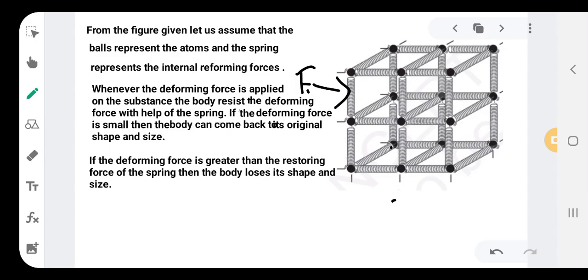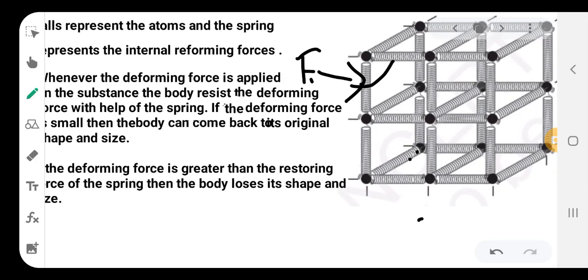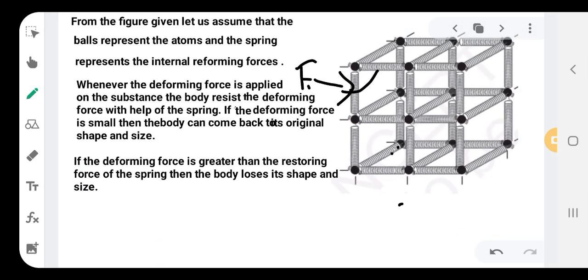But if the external force is very high, higher than the internal restoring force of the spring body, then what happens? It will lose its tendency, or the spring may break also. So whenever the deforming force is applied on the substance, the body resists the deforming force with the help of the spring.